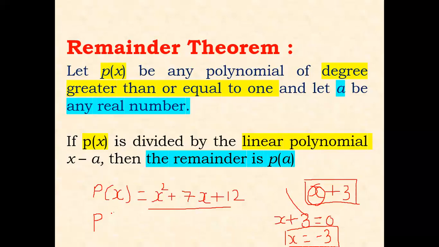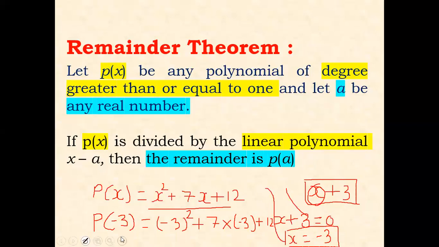If we put minus 3 here, we will get the remainder. So we have minus 3 whole squared, then 7 times minus 3, and then plus 12, and we have to solve it.